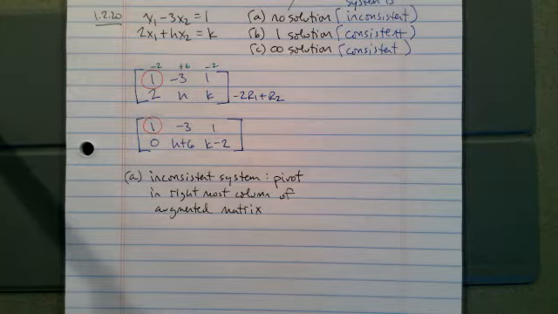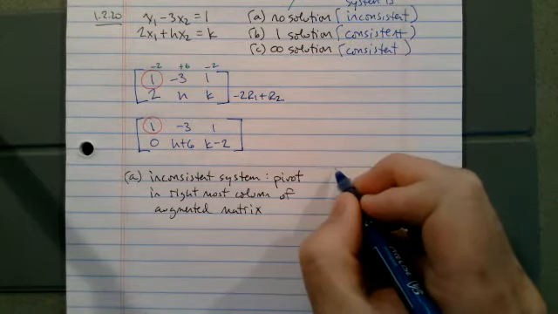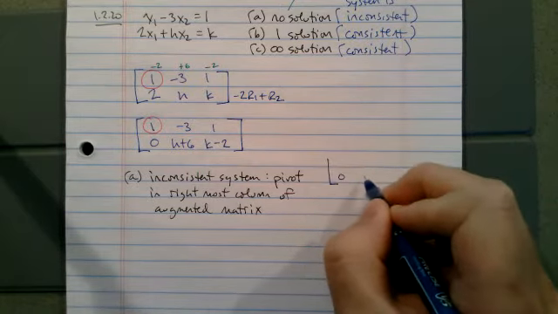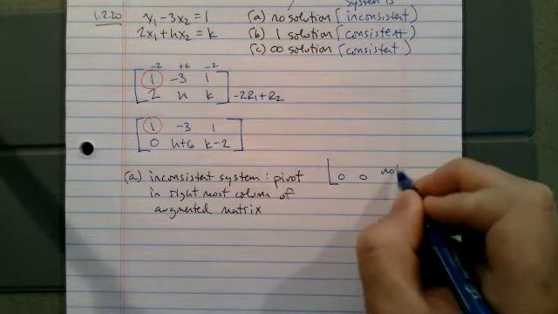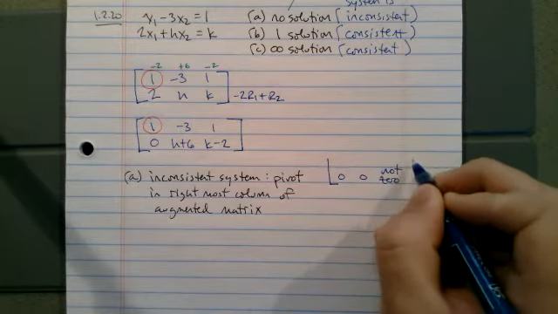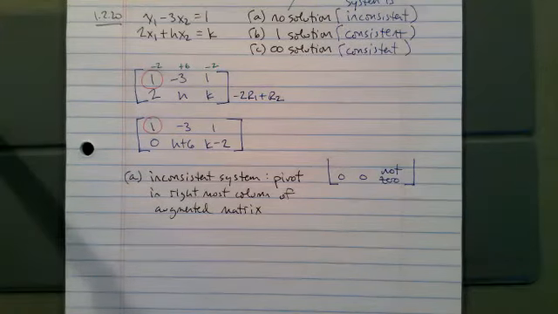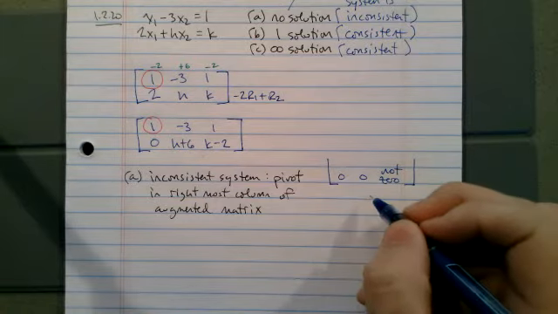To read an inconsistent system, we would see a pivot in the rightmost column of the augmented matrix. That means that second row will look like 0, 0, not 0. That's what that second row should look like. To get a 0 in the second column of the second row, that means h must equal -6.